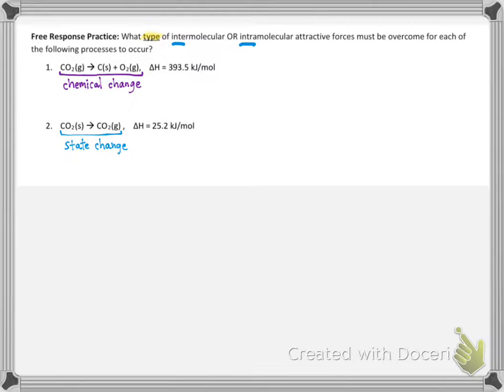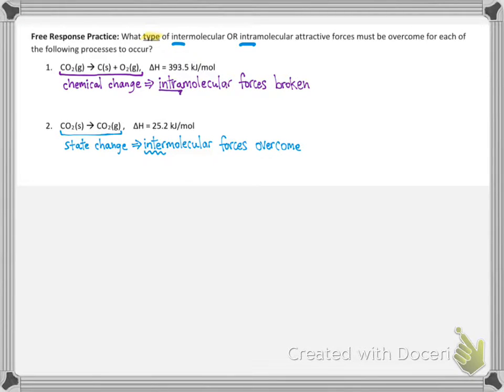First, it's important to recognize the first reaction shows a chemical change, and the second one is showing a state change. So that helps you identify if it's inter or intra forces being broken. Okay, a chemical change, of course, is breaking bonds, intramolecular forces. A state change is just overcoming intermolecular attractive forces.